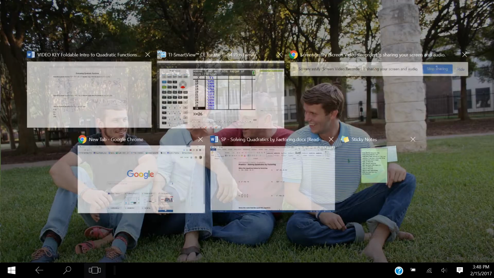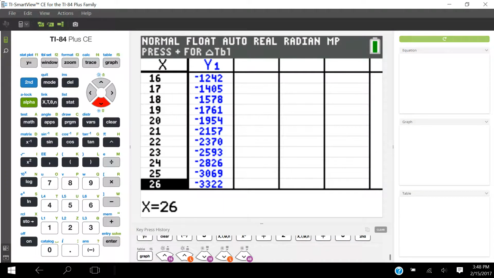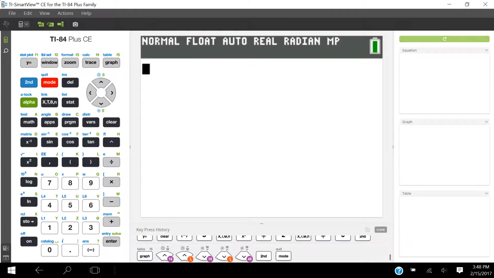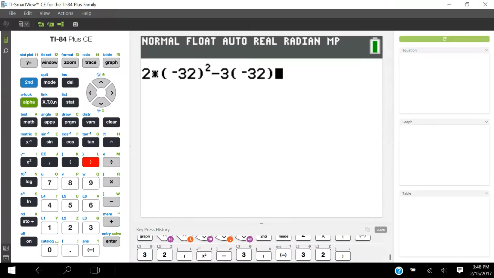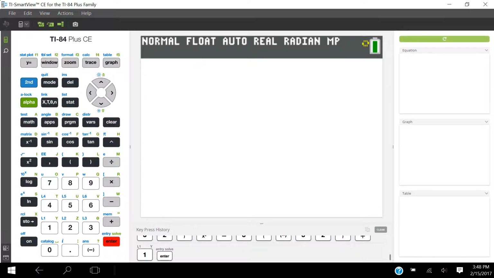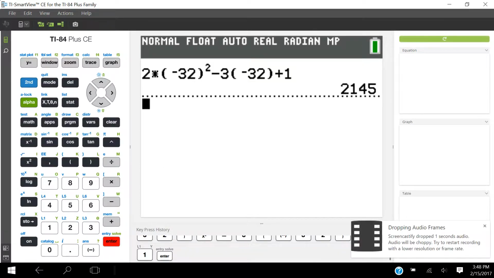So when I go to my calculator and do second quit, right here, I can put in 2 times negative 32 squared minus 3 times negative 32 plus 1. That's 2,145.